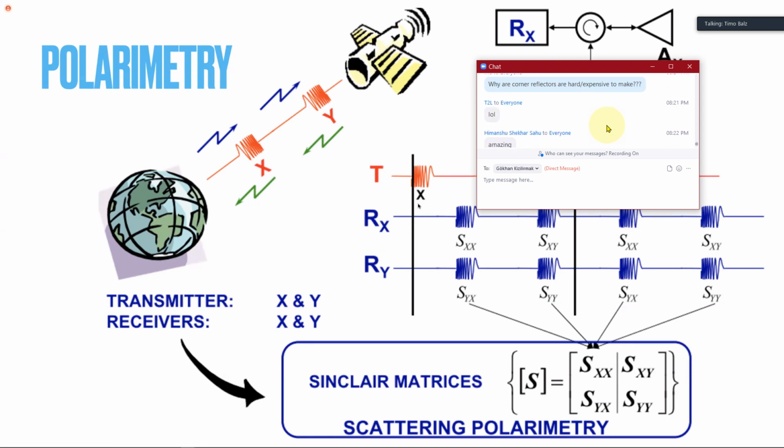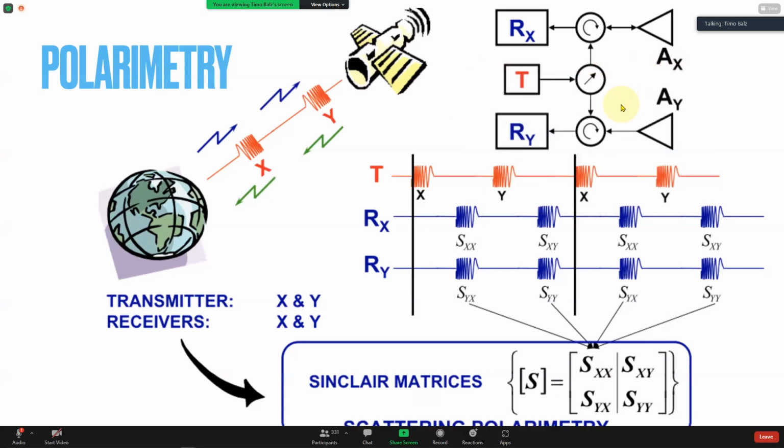And I use here the Sinclair matrix down here. Let me paint that one again. They use slightly different letters here: XX and YY instead of HH and VV.